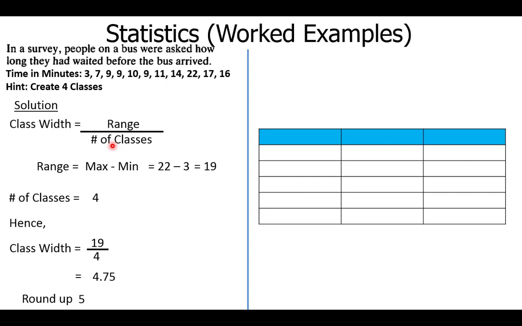Our first label is going to be the class range. People can call this class limit or class range, the same thing. Then we have the class boundary, and then we have the frequency. So label your table like that: class limit or class range, class boundary, and then frequency.